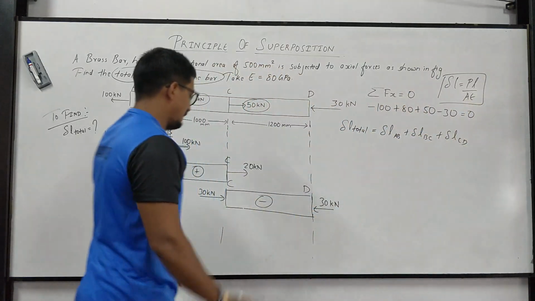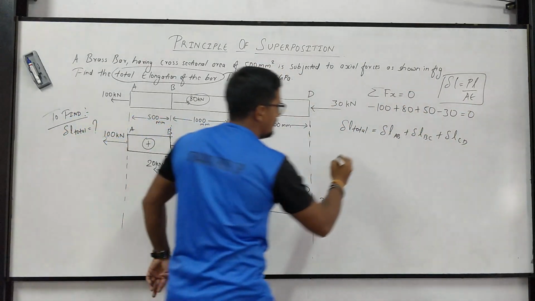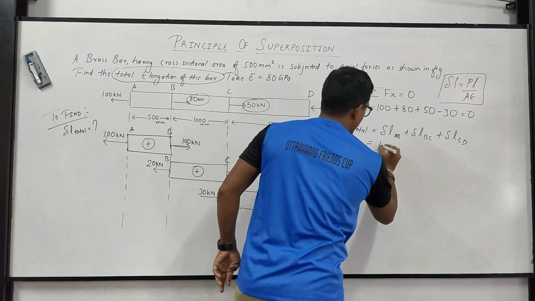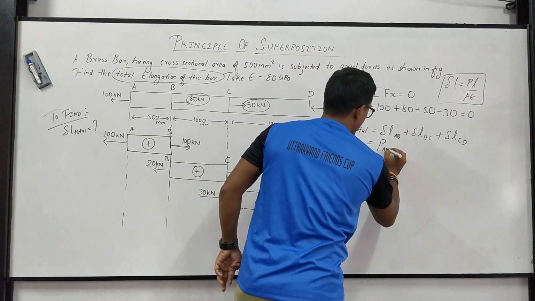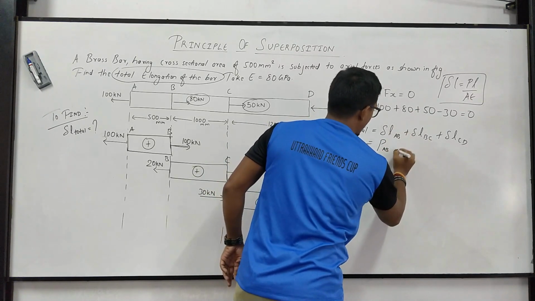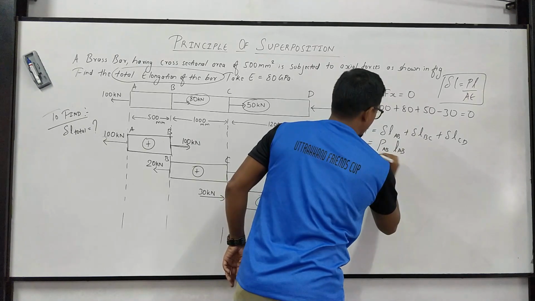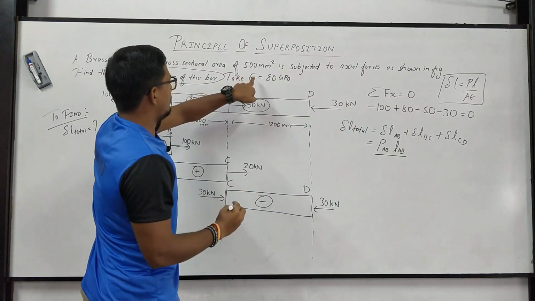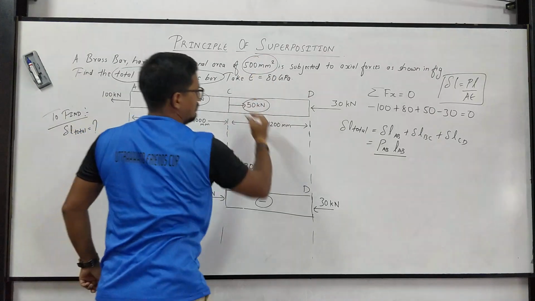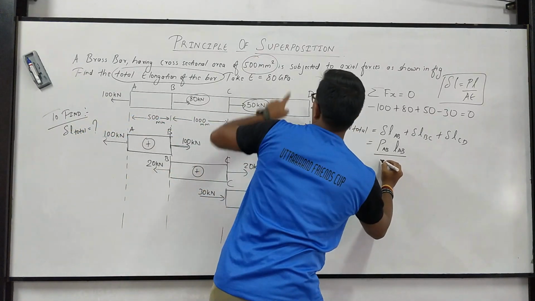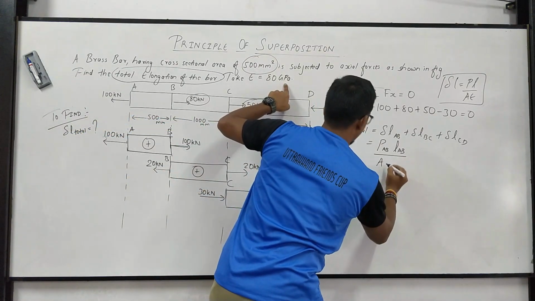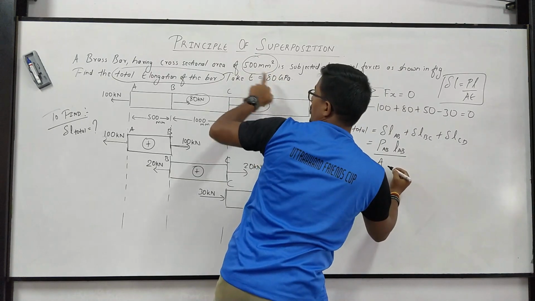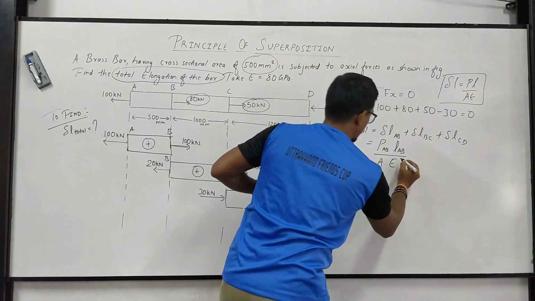Now in place of AB I can put P AB into L AB. Area is common for all, so area can be put as A, and E is also common for all the bar, correct?